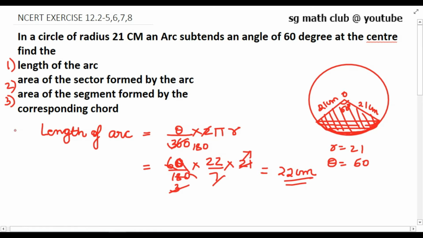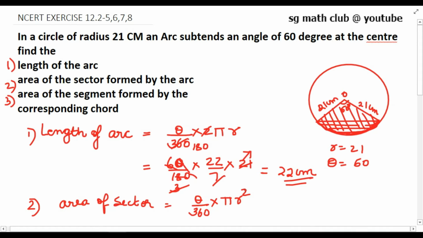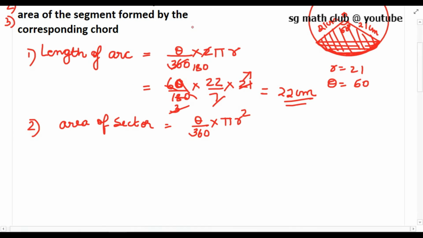Again, the second one is the area of the sector formed by the arc. The area of sector is theta divided by 360 into, instead of 2 pi r, we write pi r square. Theta is 60 degree by 360 into 22 by 7 and r square is 21 the whole square.